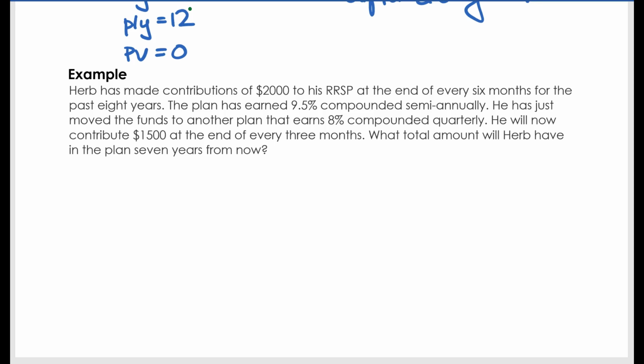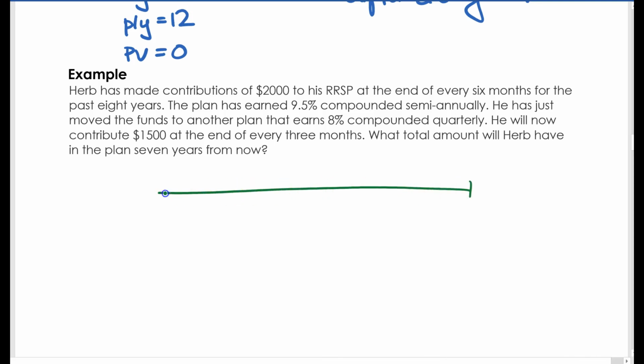Okay, so this is kind of similar to when you put money in, you let it sit for 3 years, and then you take it out and put it in, you get a different interest rate for another 2 years. So it's the same kind of concept. So he starts making $2,000 contributions every 6 months for the past 8 years. So this is 8 years.